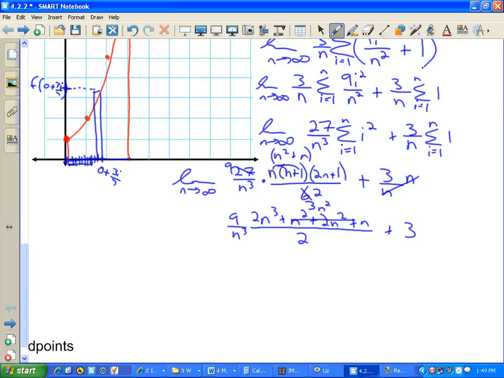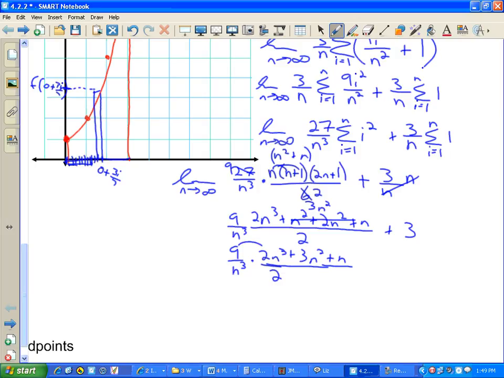So I'm going to have 9 over n cubed times 2n cubed over 2 plus 3n squared plus n. I'm going to combine these things.